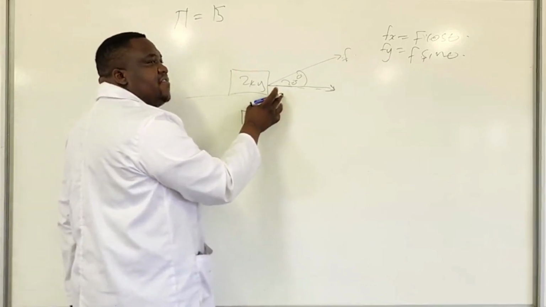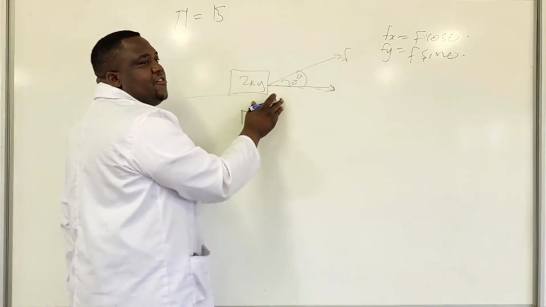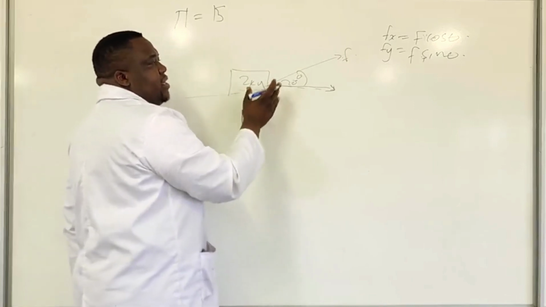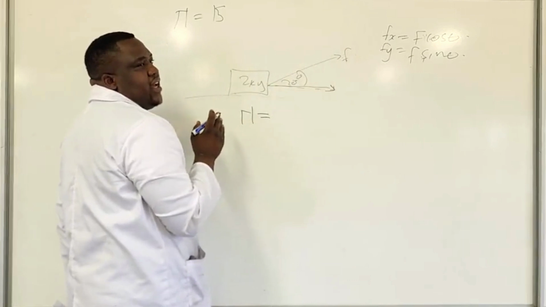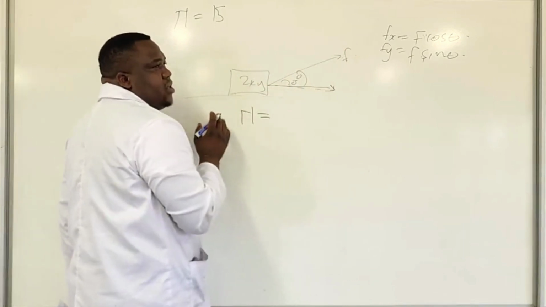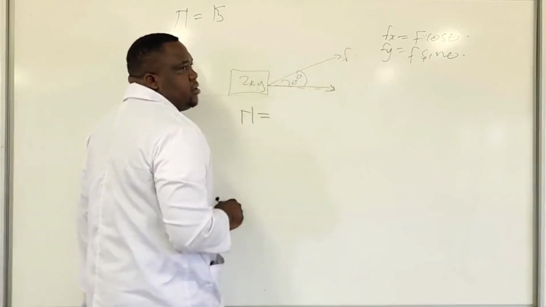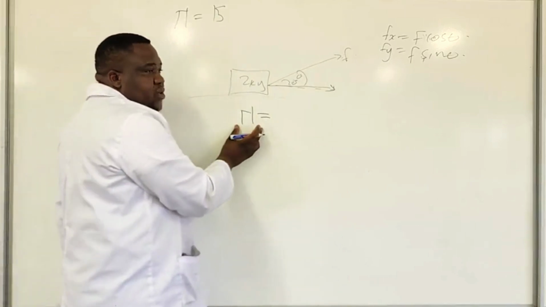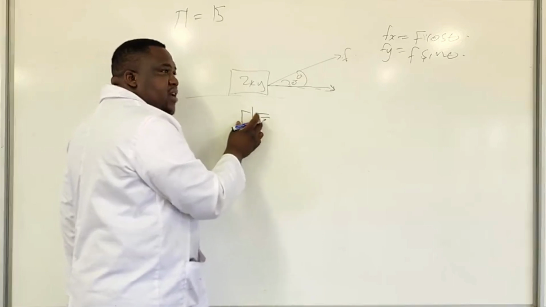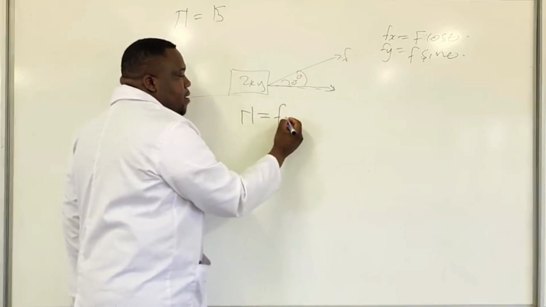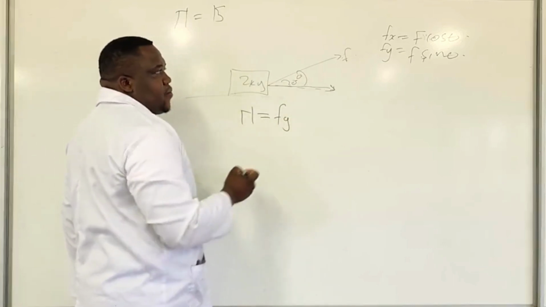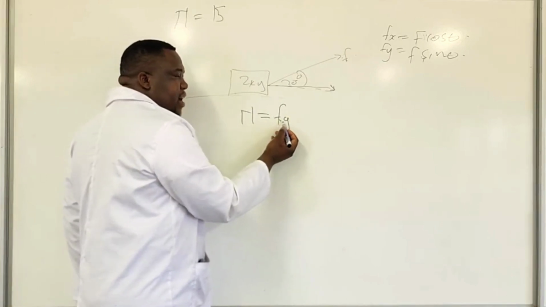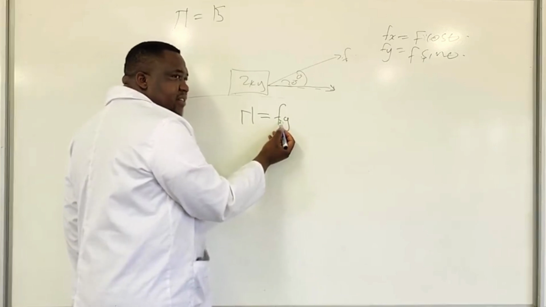If you check the introduction of lesson number 2, I gave you different scenarios: where an applied force is at an angle, where there is no applied force, and where the applied force is going downwards. So check that. For this one, normal force is equal to gravitational force, since it is one of the forces acting vertical.